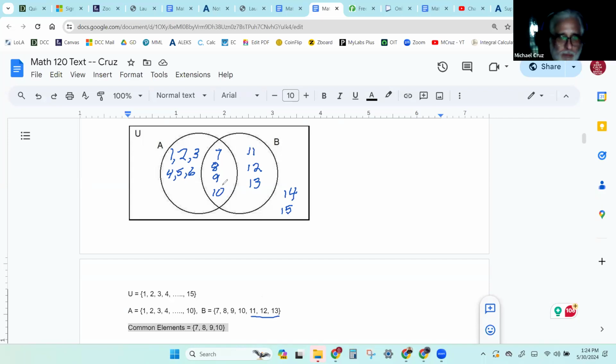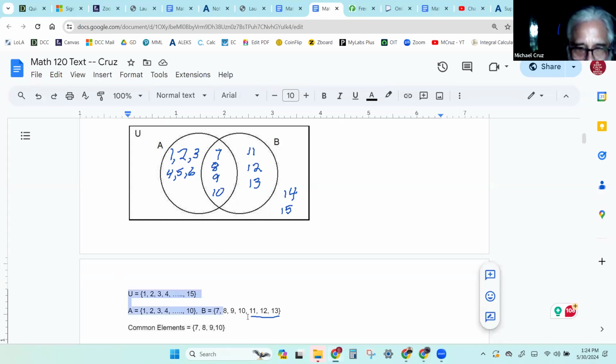Okay, so now look, I've got 1, 2, 3, 4, 5, 6, 7, 8, 9, 10, 11, 12, 13, 14, 15. 15 elements in the set and all in their proper place based upon what we're told here.